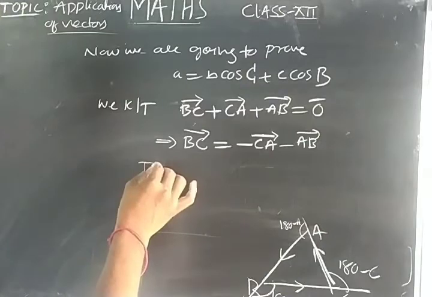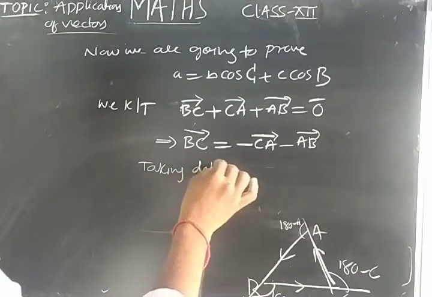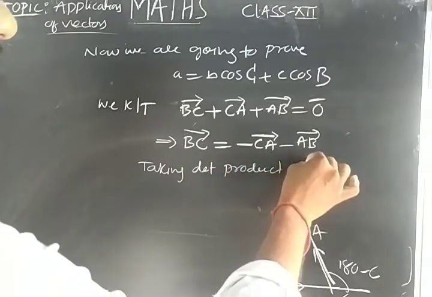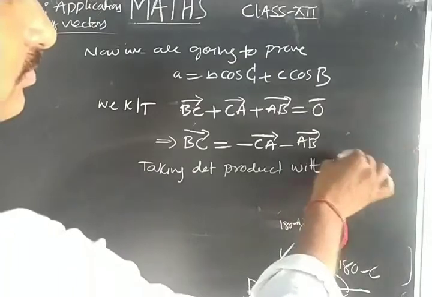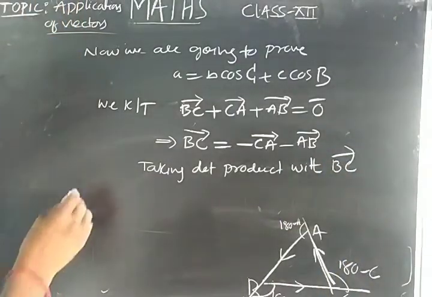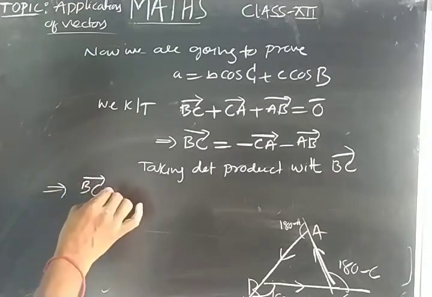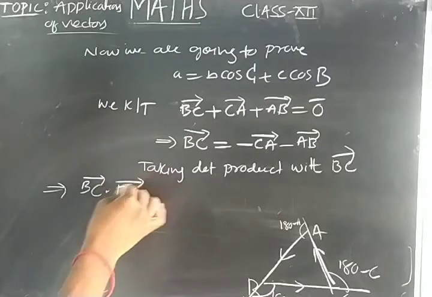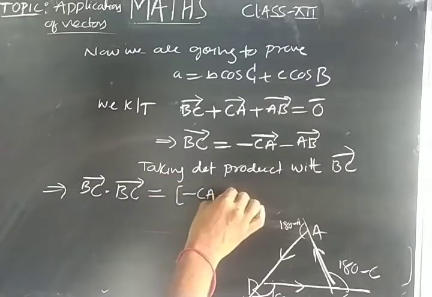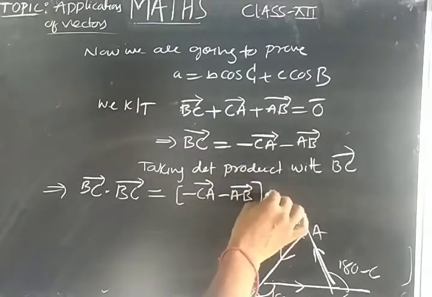Now taking the dot product with BC. With BC I am taking the dot product on both sides, right? So what you will get, BC vector dot BC vector is equal to minus CA vector minus AB vector dot BC vector.